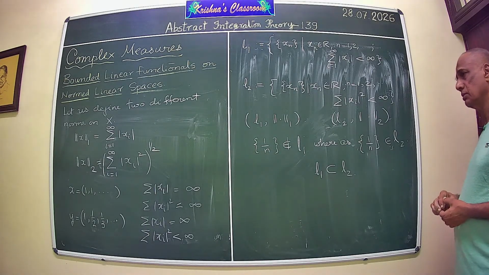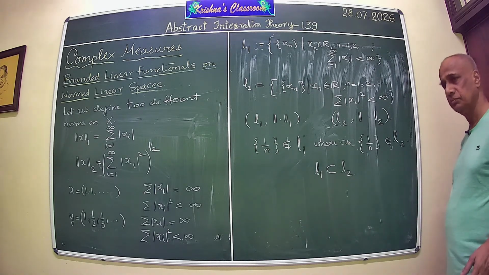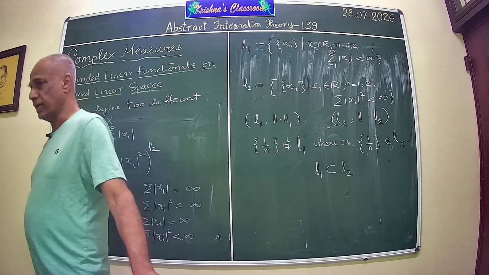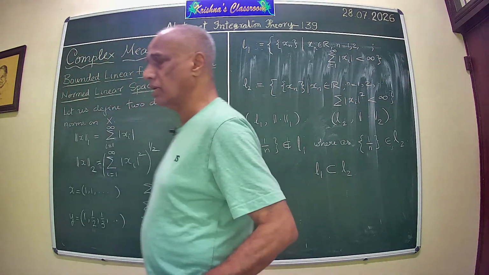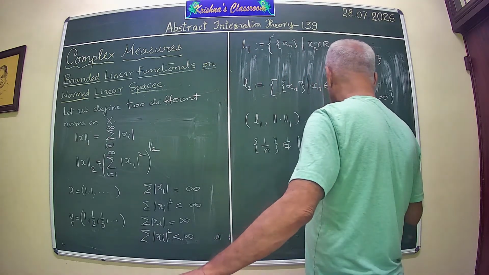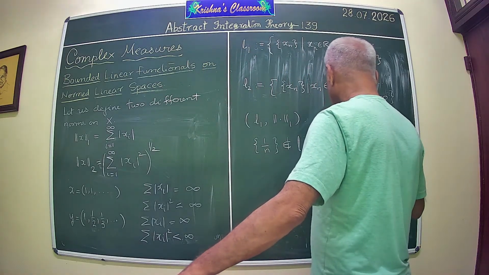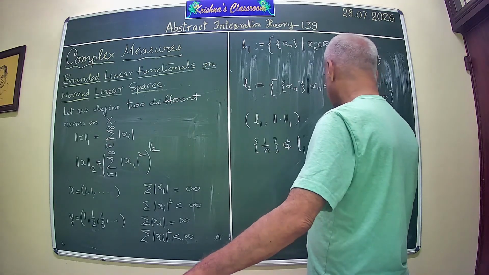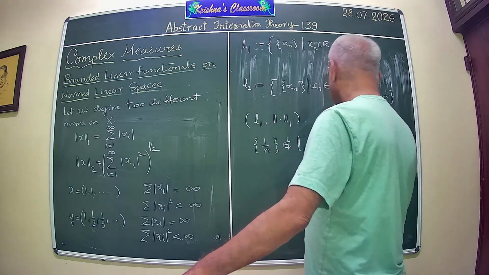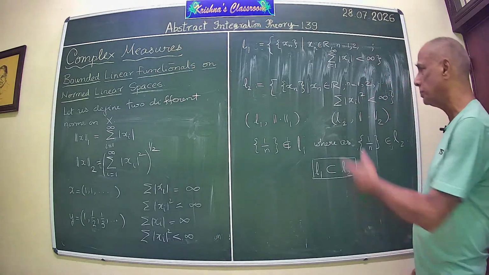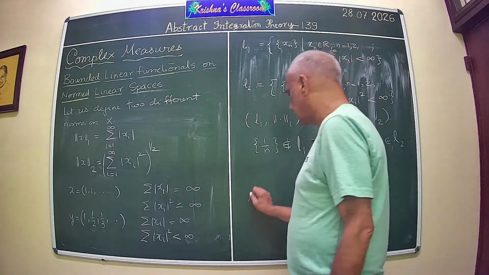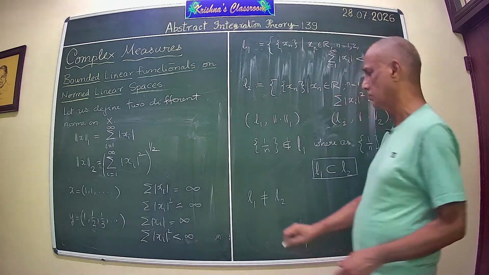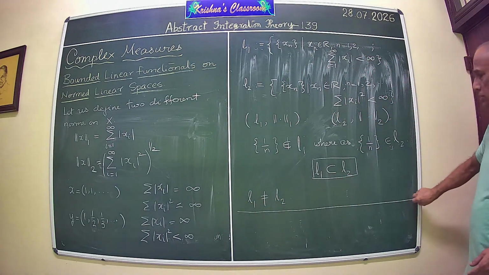Okay, this property you can write. All elements in L1 are also in L2, whereas there are elements in L2 which are not in L1. So these two spaces are different. Therefore, in this case, this is something that you should remember.